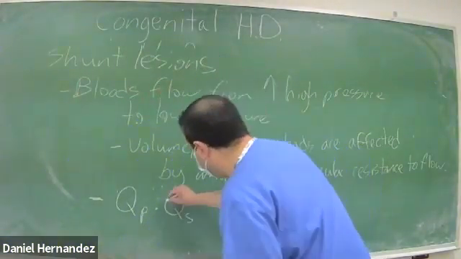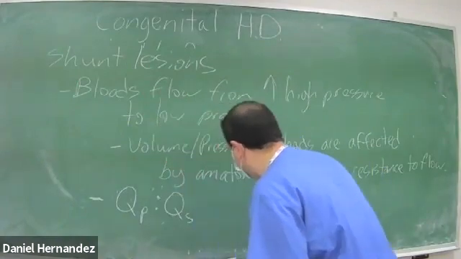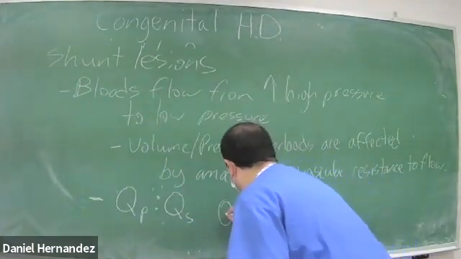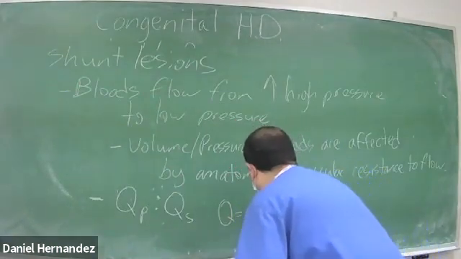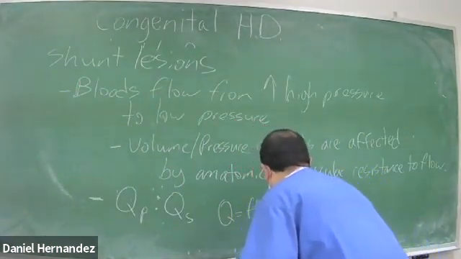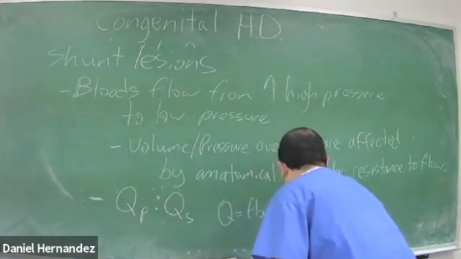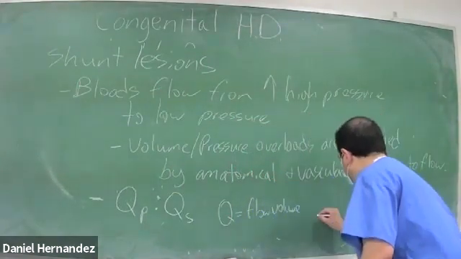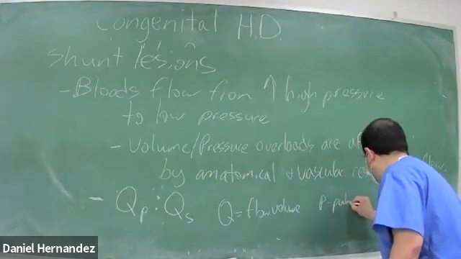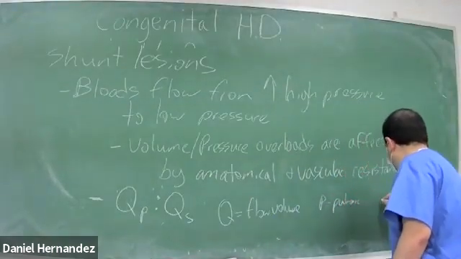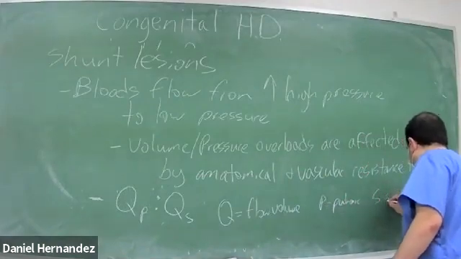So QP to QS ratio equals flow volume pulmonic over systemic.